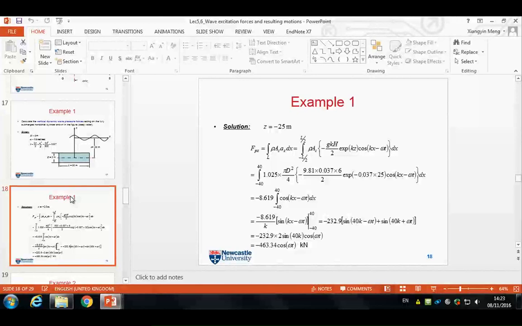You are going to find wave excitation force, but you are using only one integral there, not two integrals from the formula. Why are you using one integral here? This is wave excitation force in two directions.